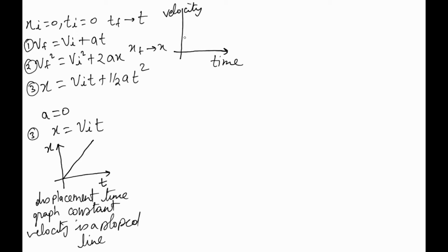Let's use one of the equations. If a is 0, Vi is same as Vf, which means V was constant all the time. So this is how a constant velocity should look like on a velocity time graph, right?